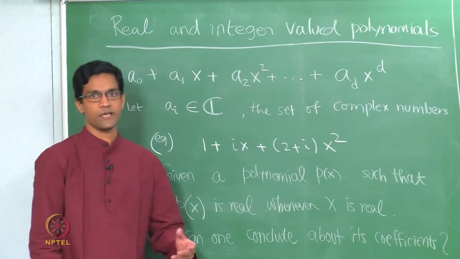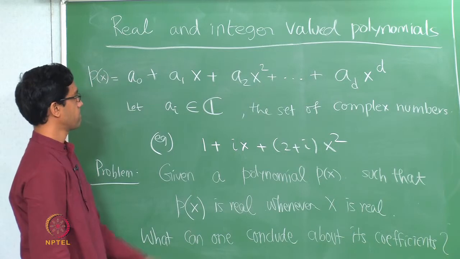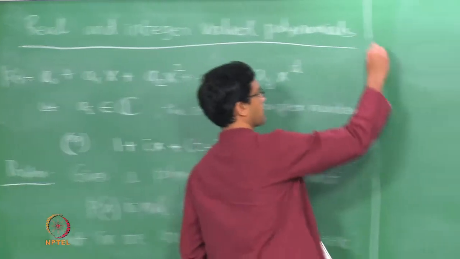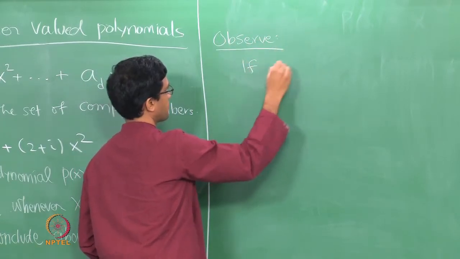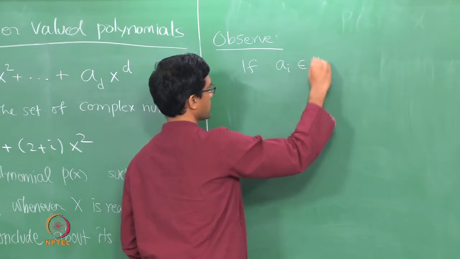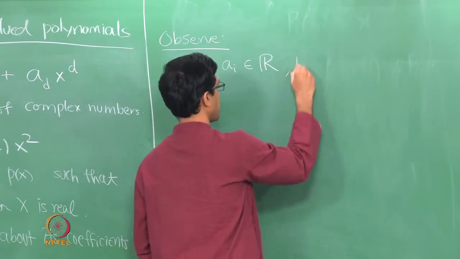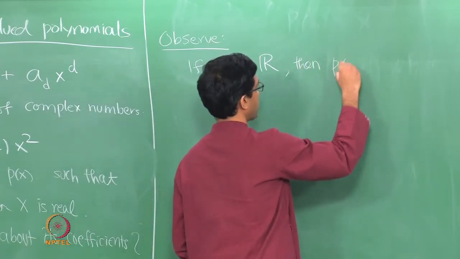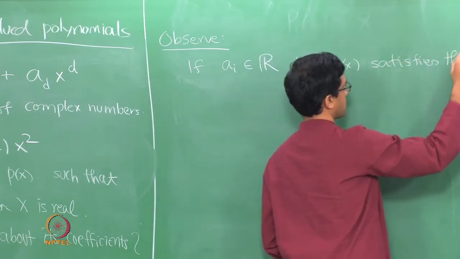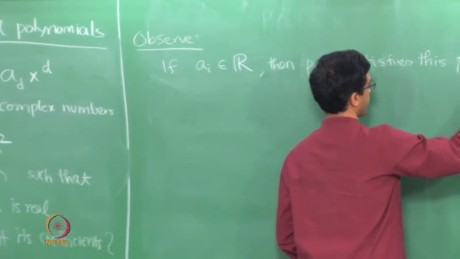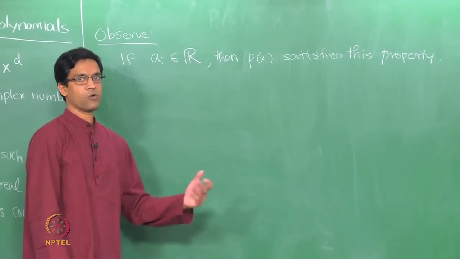Now one of the most obvious ways of constructing such a polynomial, how would we get an example of such a polynomial? Observe, if all ai's are real numbers, where R is the set of real numbers, if all the coefficients are already real numbers, then P of x certainly satisfies this property.